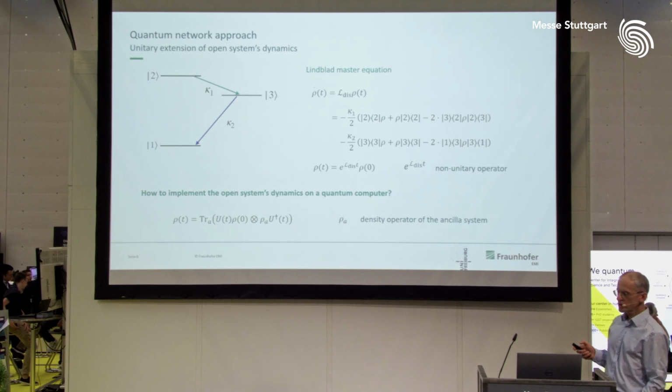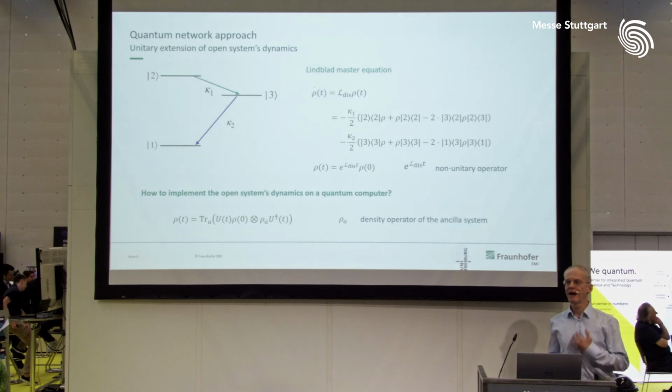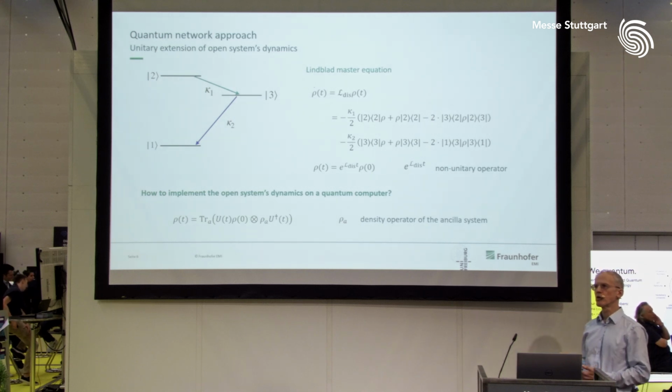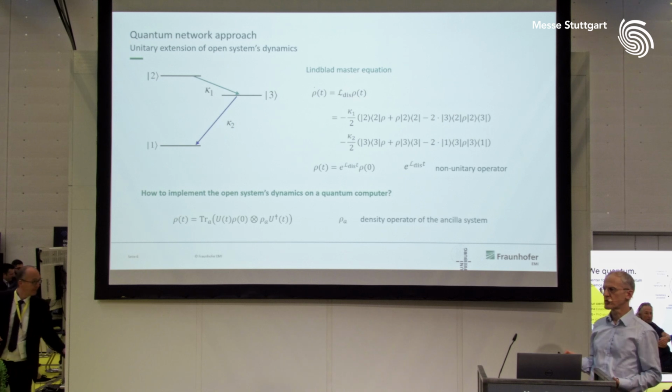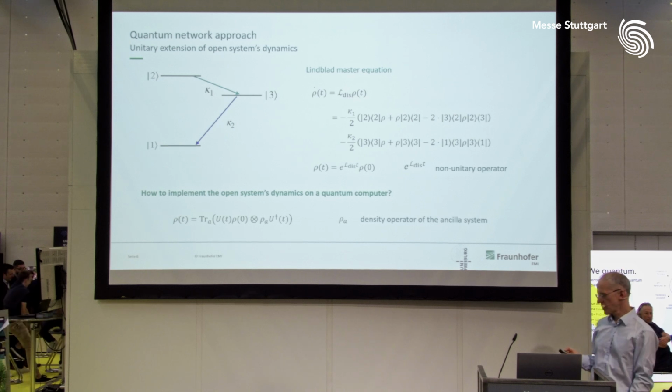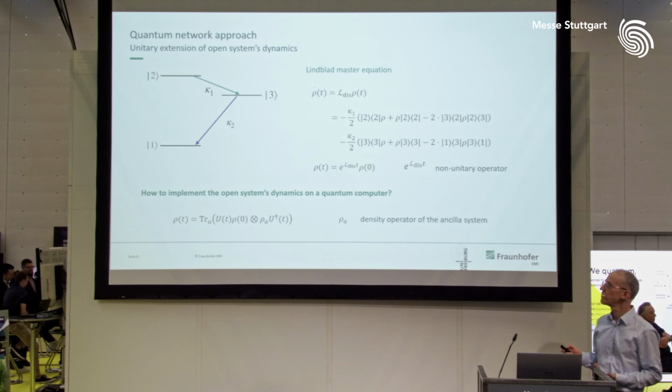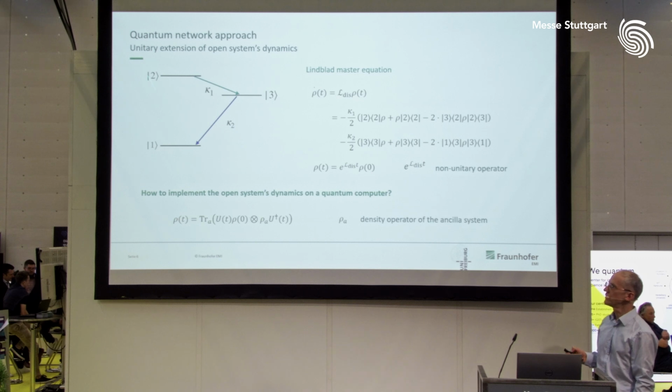And now we want to map the evolution of this network onto a quantum computer. And as I said, the incoherent or irreversible processes, or non-unitary processes, are already at the level of single nodes. And therefore, I will illustrate the method of this mapping by considering the evolution of a single node.